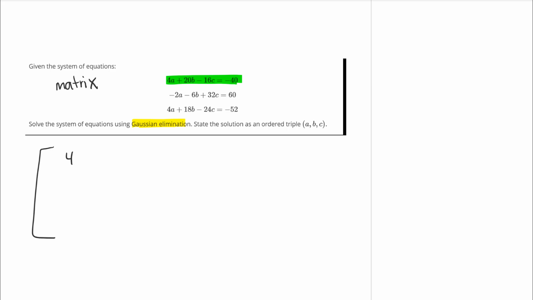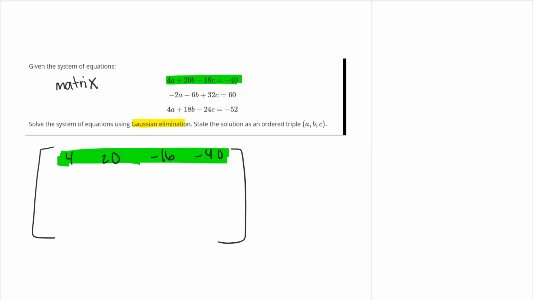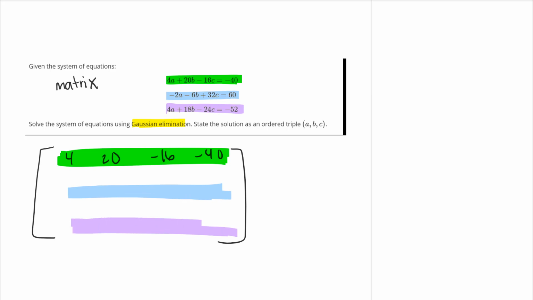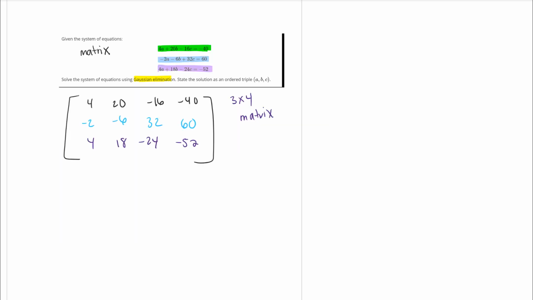In this particular case, I would have a 4, a 20, a negative 16, and a negative 40. That represents the first row. Then I would have my second row, and then of course my third row. So I'm going to plug those coefficients into this matrix.